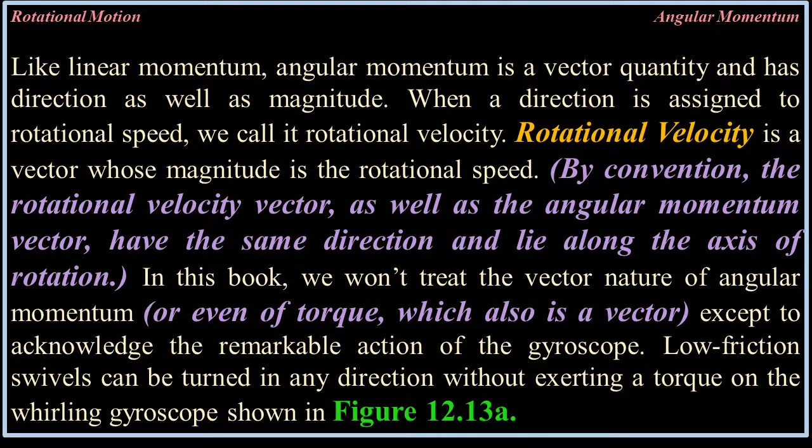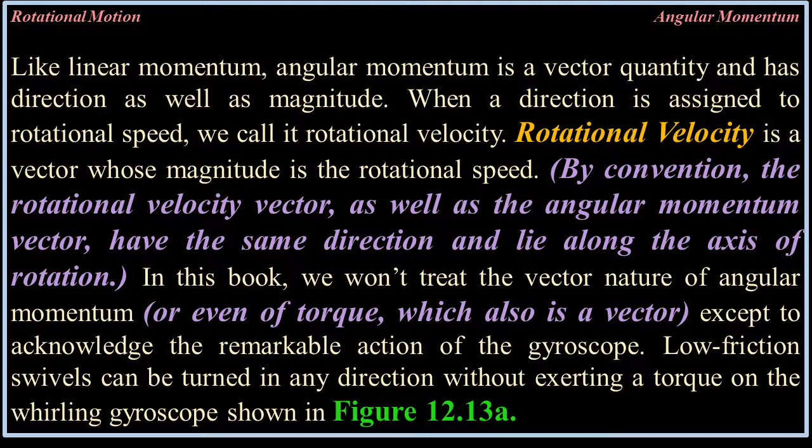Like linear momentum, angular momentum is a vector quantity and has direction as well as magnitude. When a direction is assigned to rotational speed, we call it rotational velocity. Rotational velocity is a vector whose magnitude is the rotational speed.